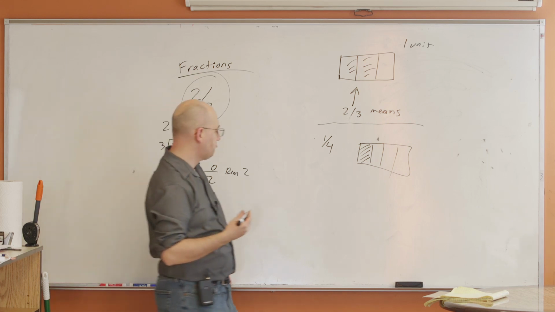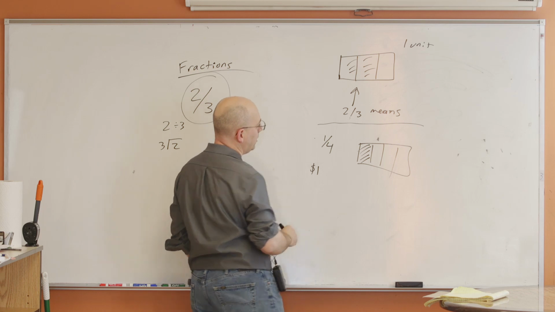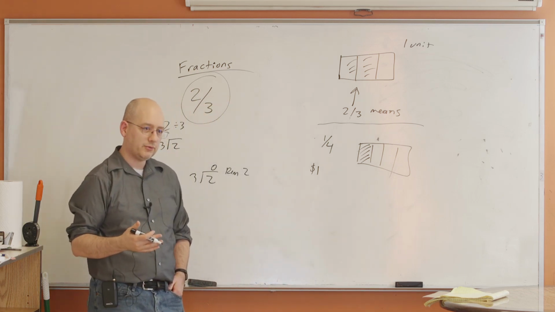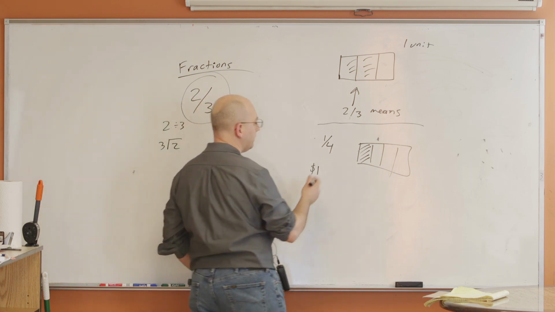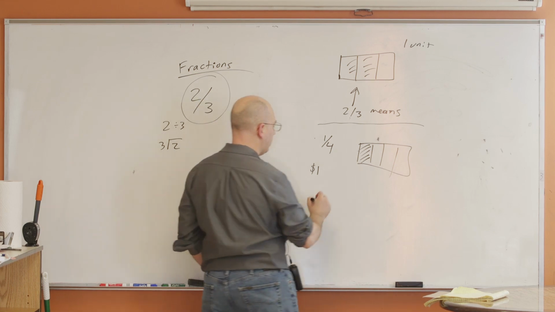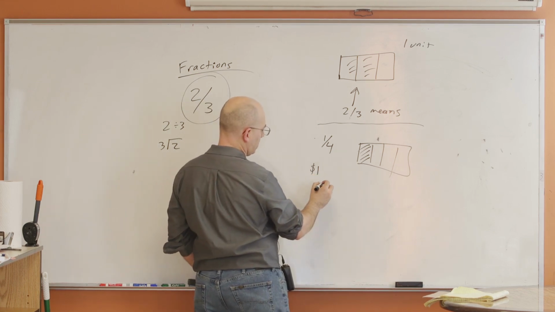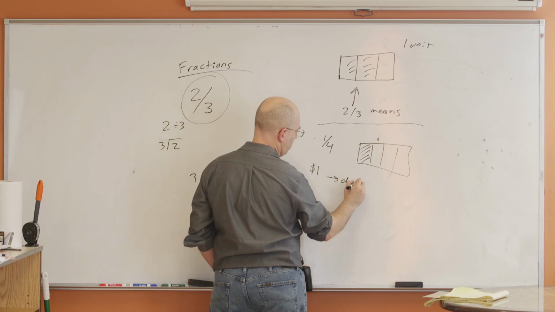So think of that as a dollar bill, $1, and you want to divide it into 4 equal parts. Declan? Quarters. Which is also what we would just call that, is a quarter. But basically, divide into 4.